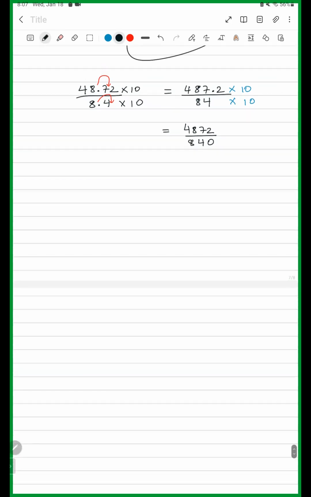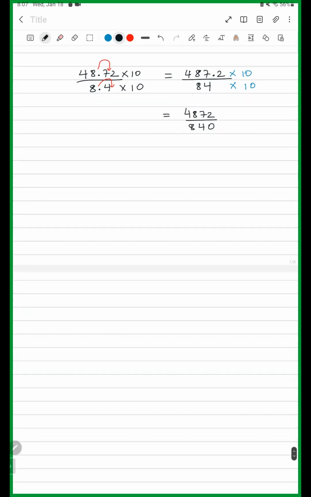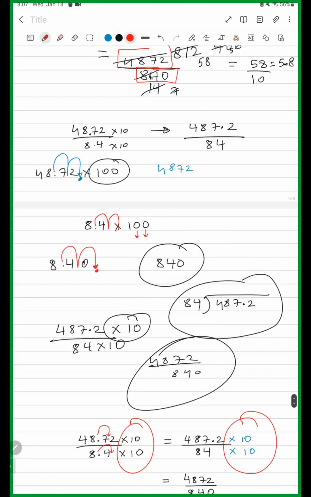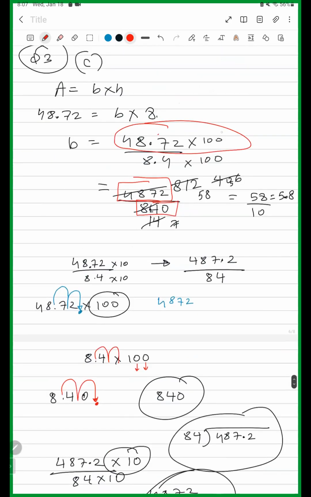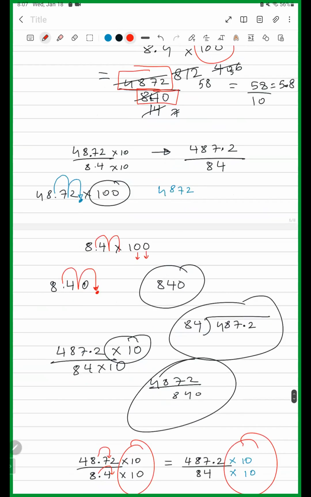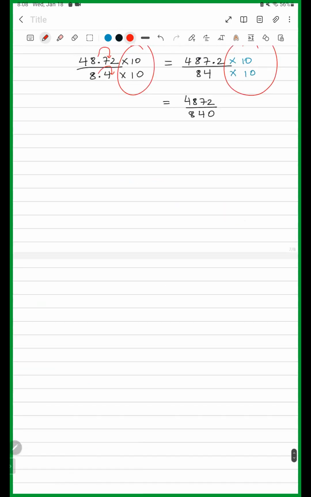Okay, so you are saying for you it is easier to multiply it with 10 two times than multiplying it with 100 just one time. It's the same thing. If you want to do it like this, then no problem, but essentially you're doing the same thing.